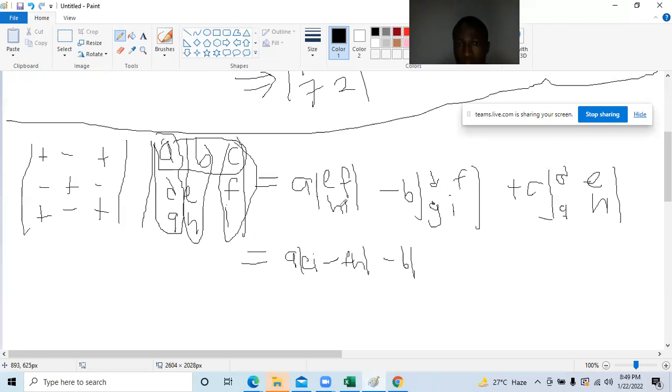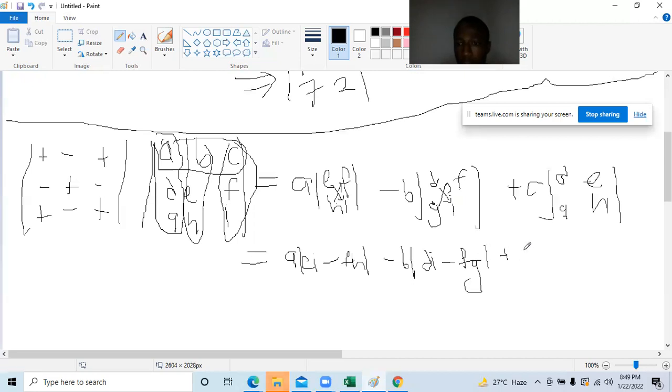Then it goes the opposite way. Here we add EI minus FH. Then it goes the opposite way now. So it will be DI minus FG.